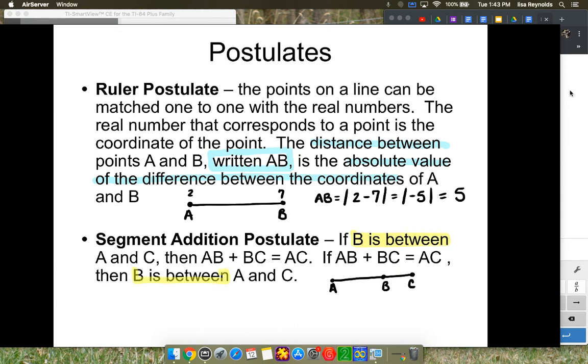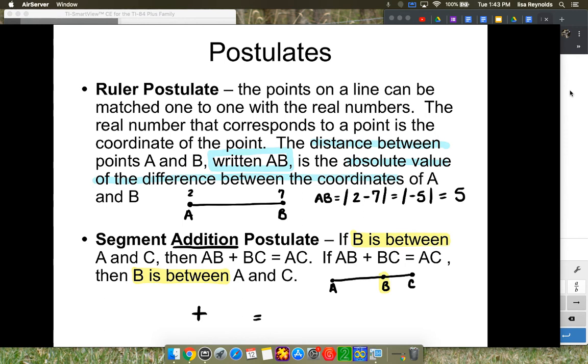So we either start out knowing that it is between and get the calculation, or we have the calculation and we get to say that our point is between. And we get an addition. So we're going to be doing addition to equal.